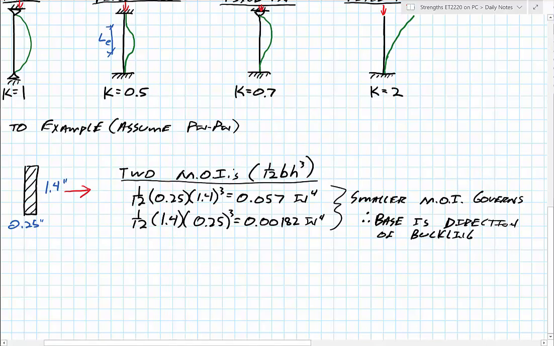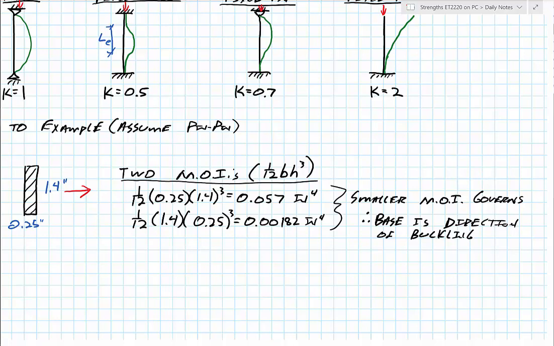If you have a meter stick or a yardstick, or even a ruler, try it out, but it'll always buckle in that longer base direction. It's stronger in the other direction. So when you talk about this moment of inertia, your base will be that longer side, as long as the connections are the same.